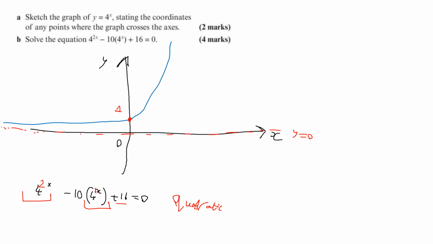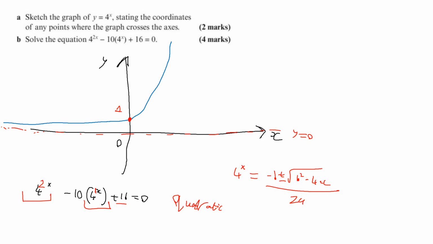So what we can do is we can say that 4 to the power of x is equal to minus b plus or minus the square root of b squared minus 4ac, over 2a.